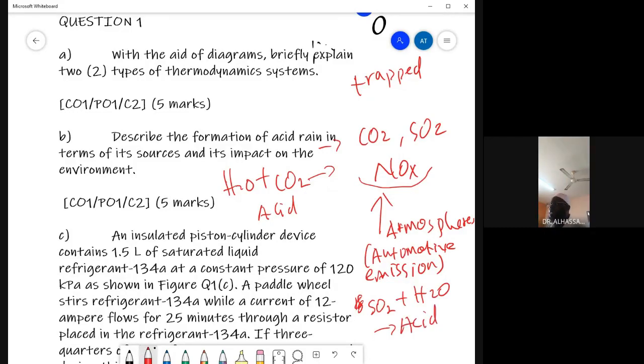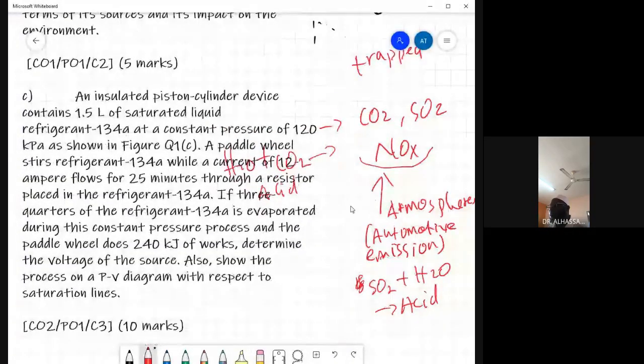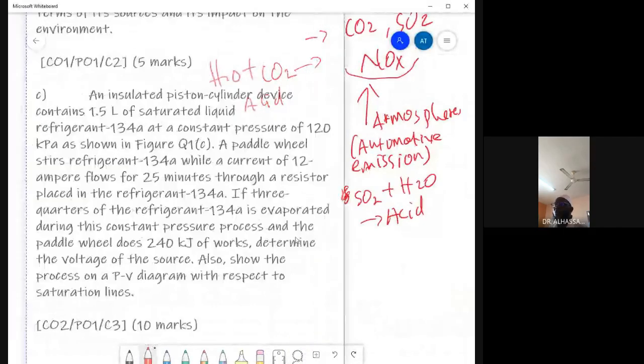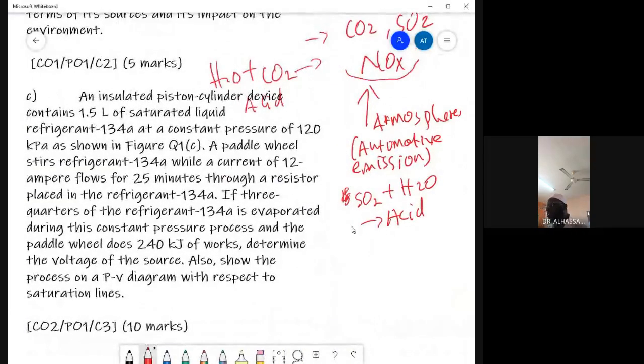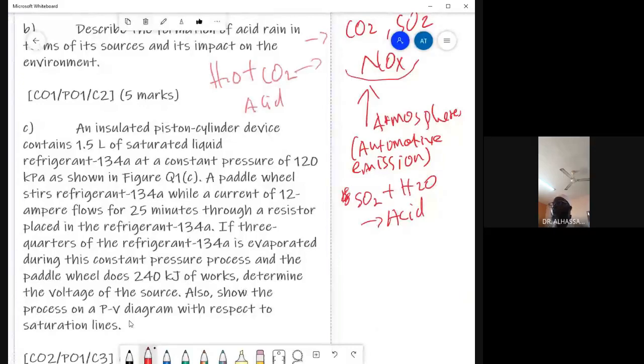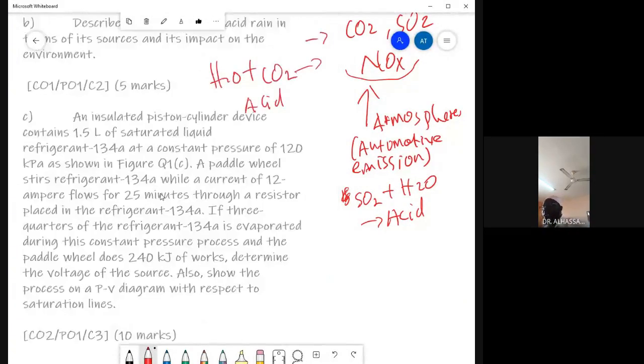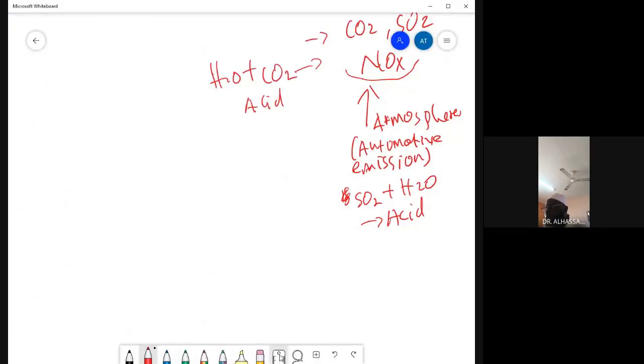You understand me? So this acid eventually is washed down into the soil. So the moment the acid gets into the soil, eventually it will form something like acid rain. And this is poisonous for human consumption. It will also go into the lake and so on. So you can look into your lecture notes for the details about this particular chapter. Okay, now I will move on to the next question.